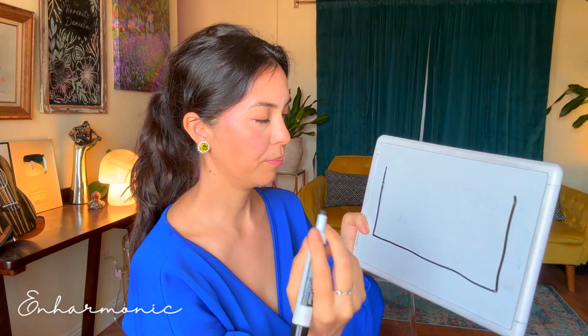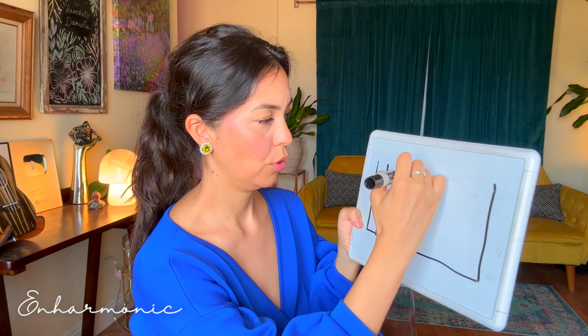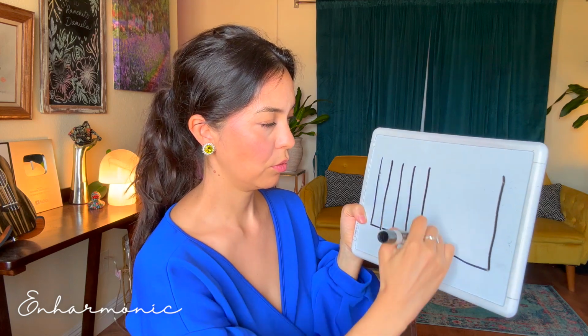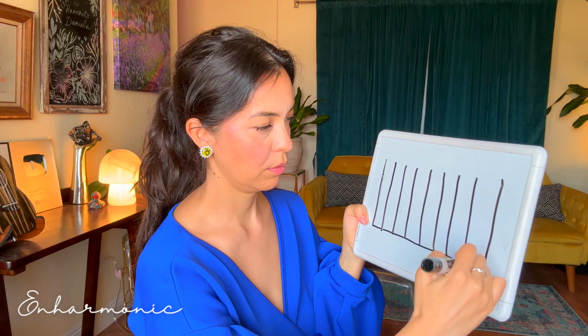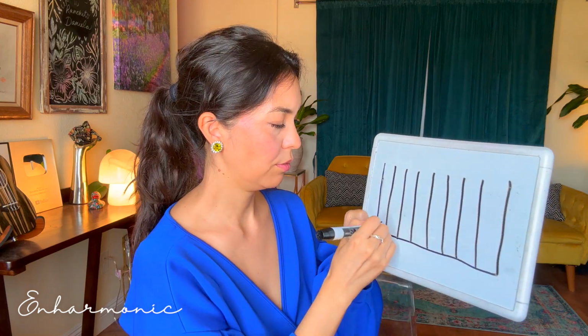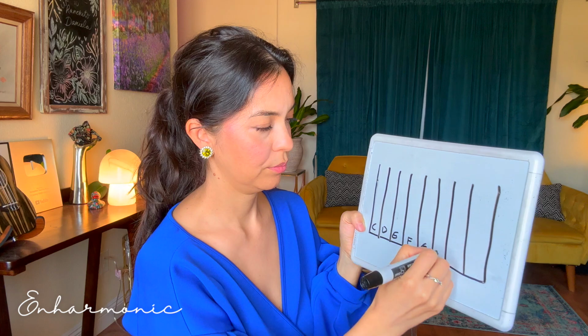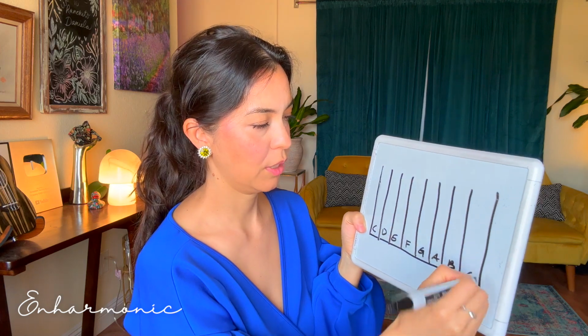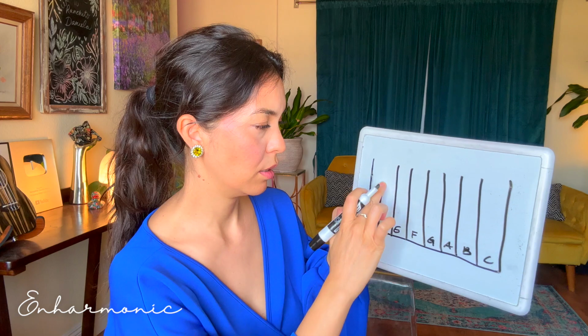Okay, this time I'm going to make the keyboard a little deeper. 1, 2, 3, 4, 5, 6, 7. Should be enough. Let me check. Yeah, that's enough. Okay, this time I'm going to do something a little different with my black keys.